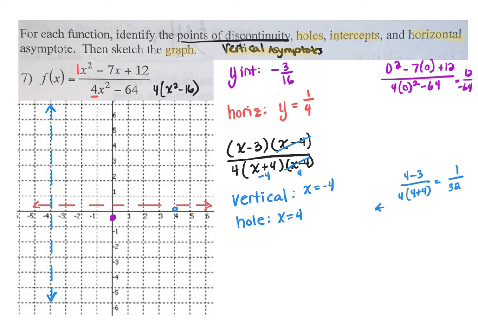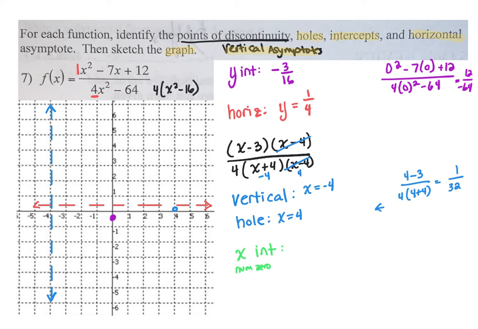is my x-intercept. So my x-intercept is where the numerator is 0, but nothing else has happened, okay? By that I mean x-intercept is where my numerator is 0. However, it does not include anything that's canceled out from the numerator.